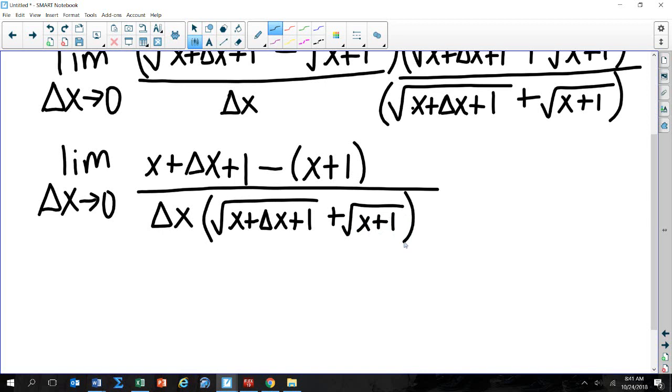Now, can I cancel, true or false, can I cancel these delta x's right now? No. There's addition, right? You need to completely multiply out the numerator and combine like terms and factor before you can cancel anything. So I'm going to distribute the negative through.